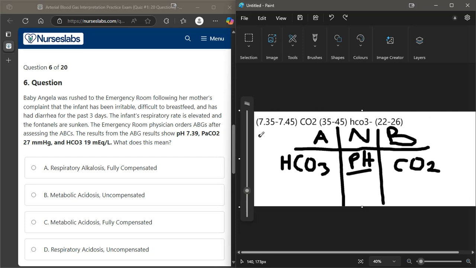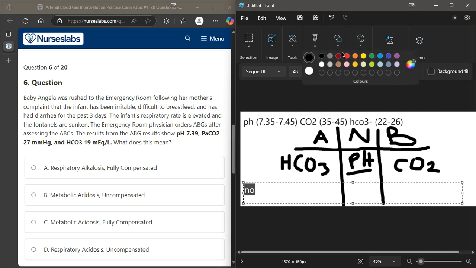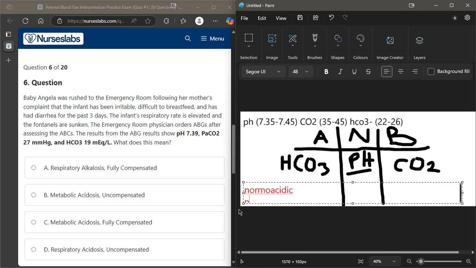So our pH is 7.35 to 7.45. When we look at it under the normal aspect, it can either be in the normal range but more on the acidic side, something that I like to think of as normal acidic, or you can have the pH as normal basic, just depending on where it falls.